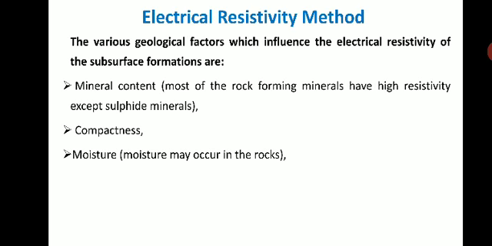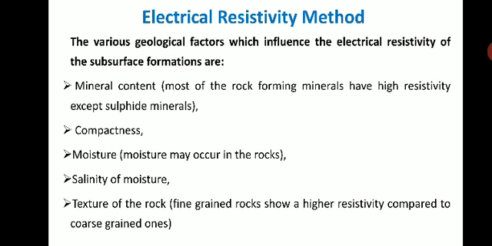Then the salinity of the moisture, whether it contains some dissolved salts, also affects the resistivity. The last one is the texture of the rock, whether it is fine grained. If it is fine grained, it shows a higher resistivity compared to the coarser grained.